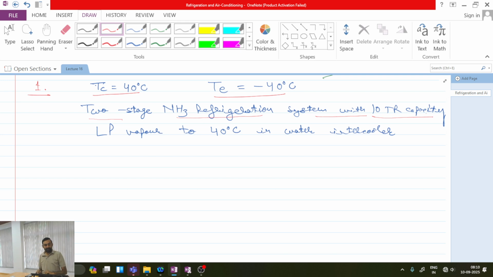In this system, we are using a water intercooler which is cooling the vapor to 40 degrees Celsius. We know that at the exit of the compressor, we will be having some superheated vapor. That vapor we pass through the water intercooler, and in the intercooler we are cooling it up to 40 degrees Celsius. It is mentioned in the question that further flash intercooling is done up to the saturated vapor state.